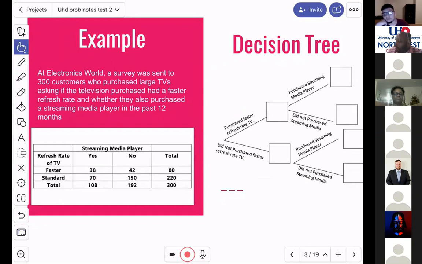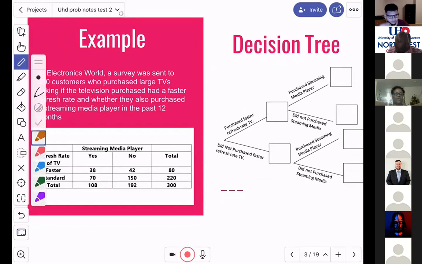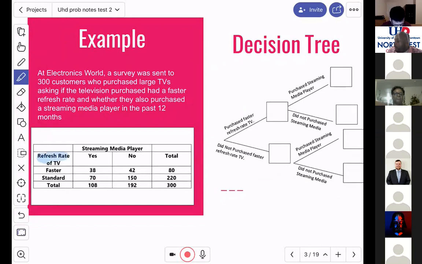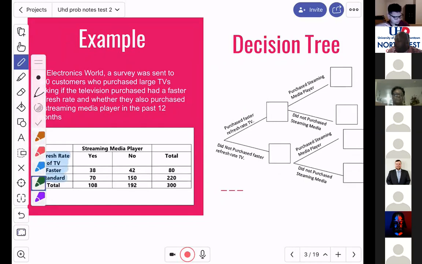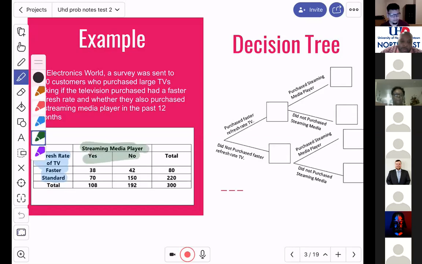So our two events were, first event is going to be your refresh rate right here. It can be faster or it can be standard. Second event is going to be your streaming rate, and it can be yes or no. Either it has a streaming media player or it doesn't.